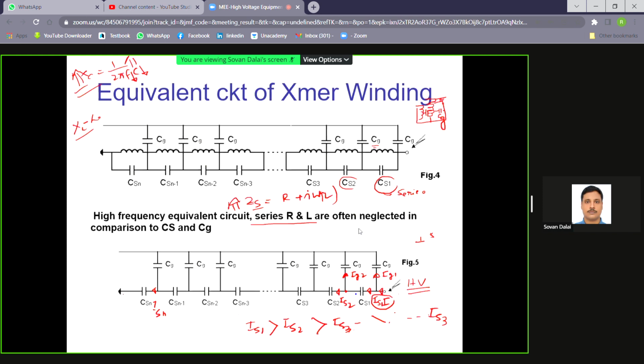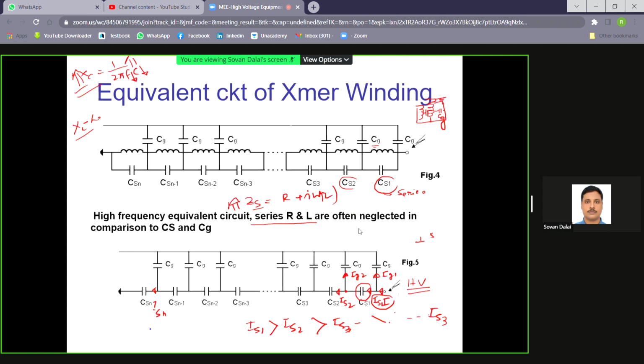The voltage across the first disc is much higher compared to the others, and if you gradually proceed towards the earth end, the voltage distribution in the last disc is very small.